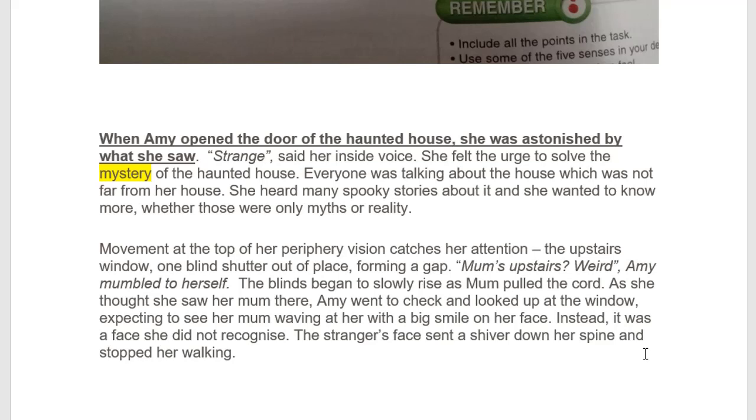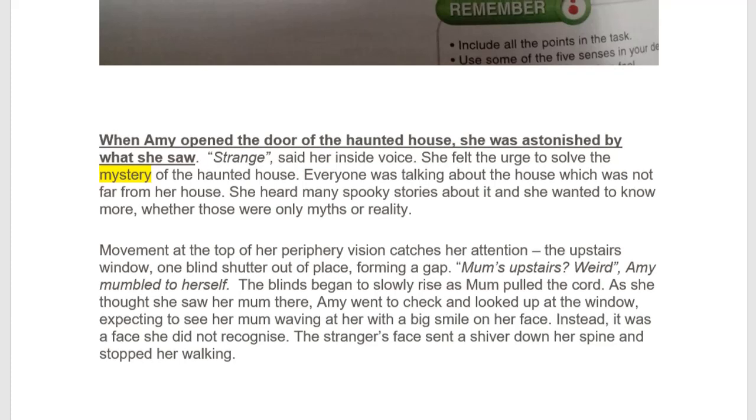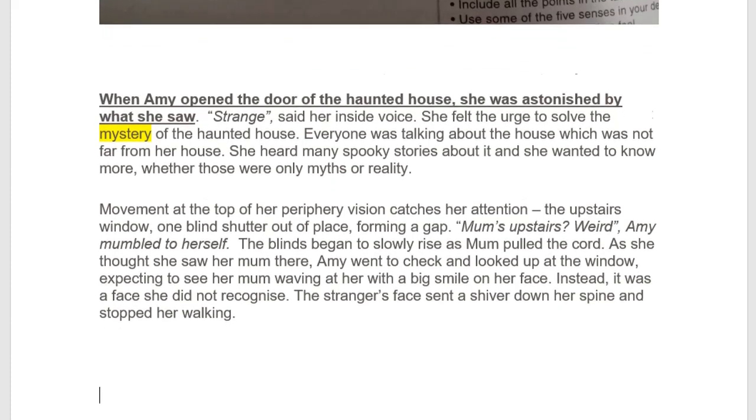As she thought she saw her mum there, Amy went to check and looked up at the window, expecting to see her mum waving at her with a big smile on her face. Instead, it was a face she did not recognize. The stranger's face sent a shiver down her spine and stopped her walking. Okay, see, you are describing what happened to Amy in this paragraph.